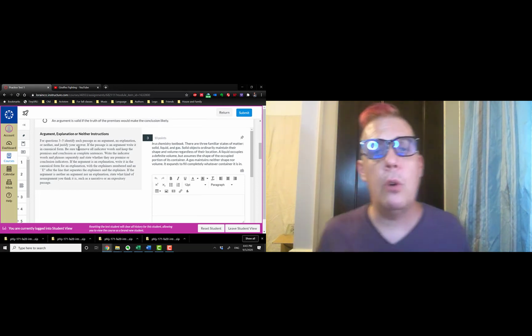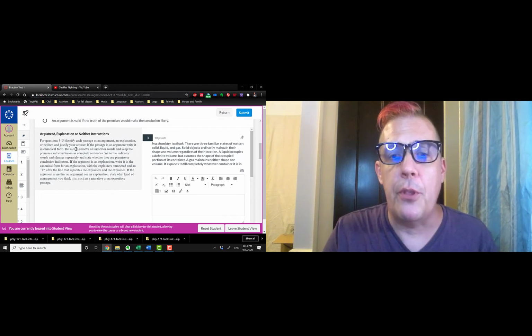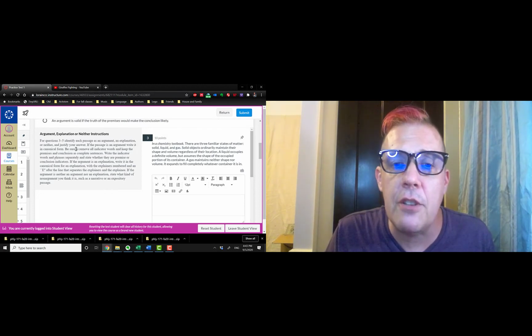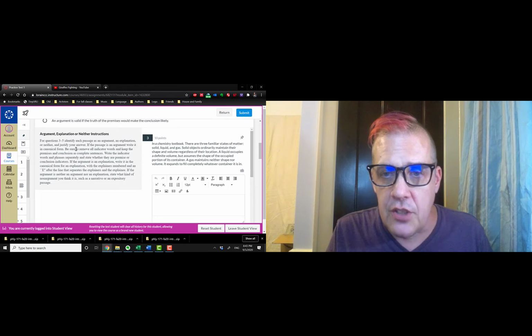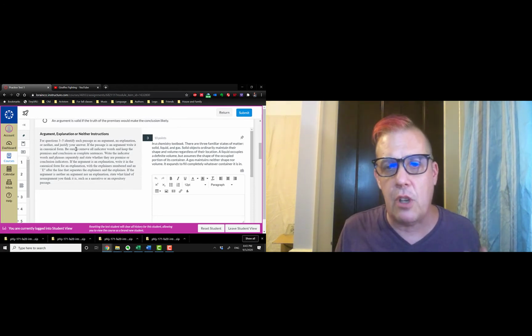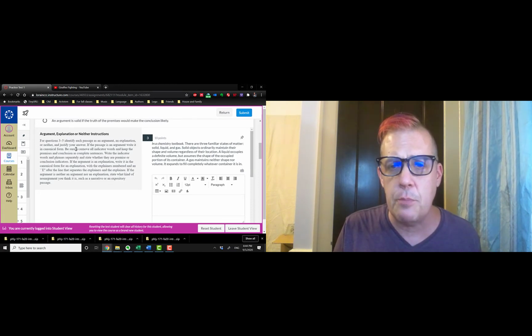Okay, so the first example: there are 3 familiar states of matter: solid, liquid, gas. Solid objects, they maintain their shape and volume regardless of location, etc., etc. And so this is happening in a chemistry textbook, and it looks like it's just giving you the definition of 3 terms.